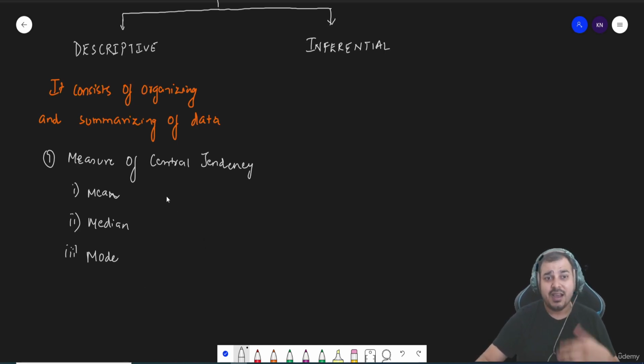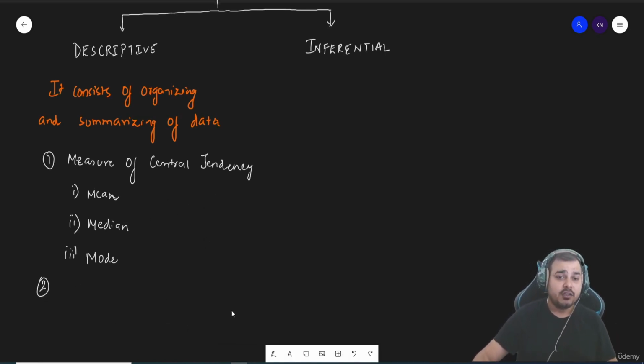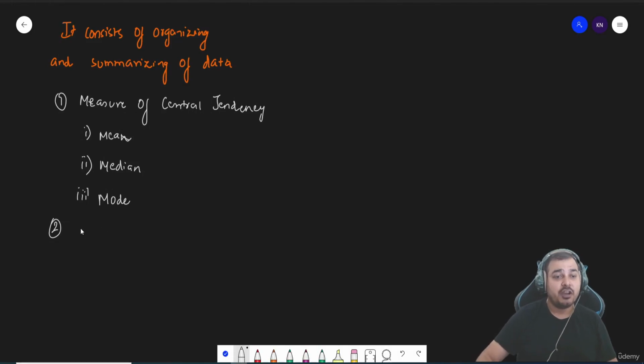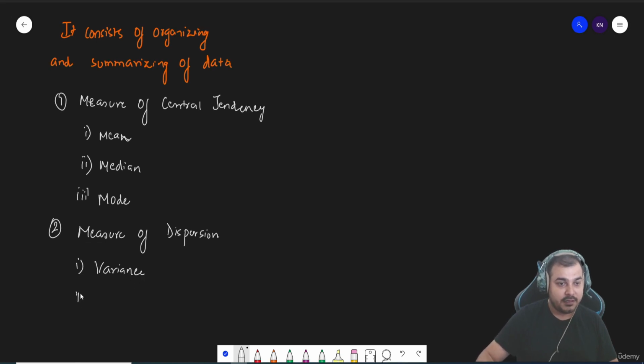But let's understand, apart from these techniques, what are the other techniques that are involved. There is also a technique called measure of dispersion. And here we specifically have techniques like variance. The second technique that we usually have is standard deviation. We'll understand everything as we go ahead.